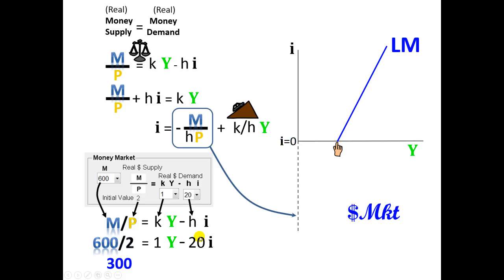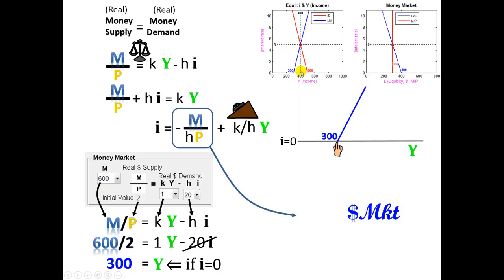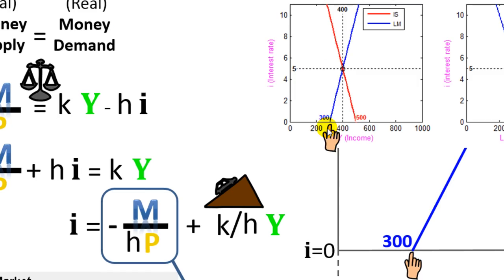Then if we do I equal to 0, this term is 0, therefore y is equal to 300. So this value is 300, and we already have this 300 in the simulator.